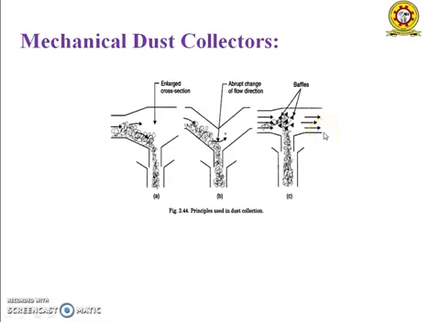Figure C represents impingement baffles. Here baffles are used and have more effect on the solid particles than the gases. The baffles help the heavier solid particles to settle down, and the lighter particles move in this direction. So these are the three principles used in dust collection.